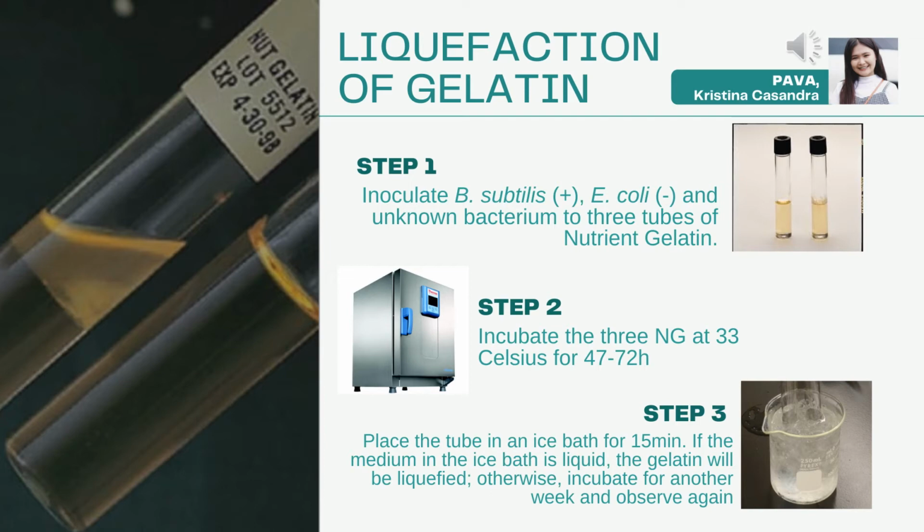After the incubation, place the tubes in an ice bath for 15 minutes. If the medium in the ice bath is liquid, the gelatin has been liquefied. Otherwise, incubate for another week and observe again. It usually takes 14 days for this experiment to be completed.